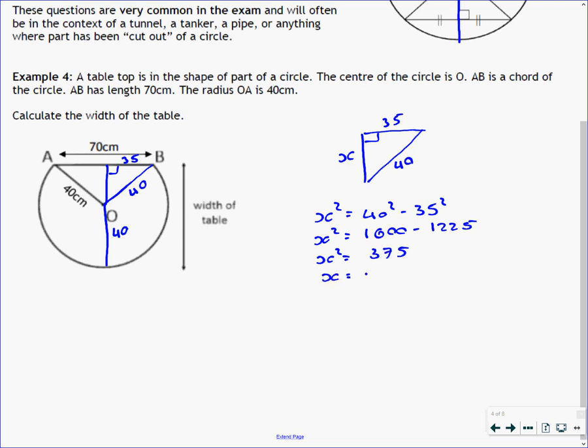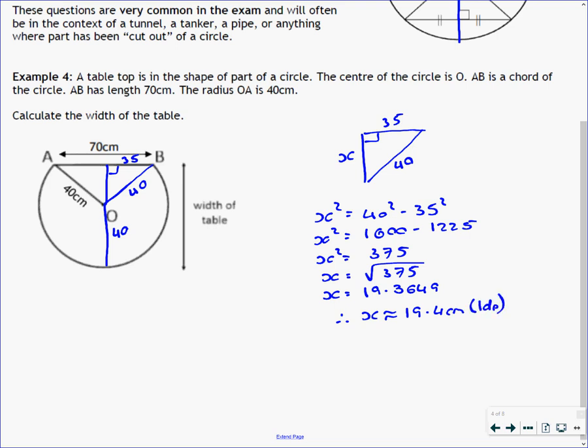So x is going to be the square root of 375, which will give us 19.3649. So therefore, x is approximately equal to 19.4 centimetres, to 1 decimal place.